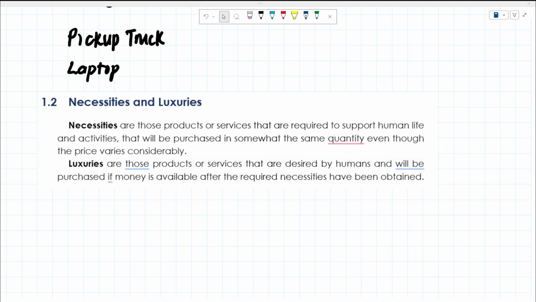The effect is, our daily lives will be paralyzed, or our daily work will be paralyzed without necessities. Whereas yung luxury, if it is lost, somehow we will be disappointed, but life goes on, di ba? Since it is just a luxury.